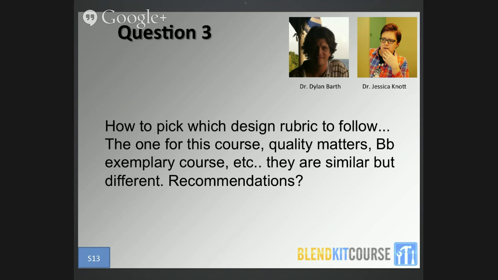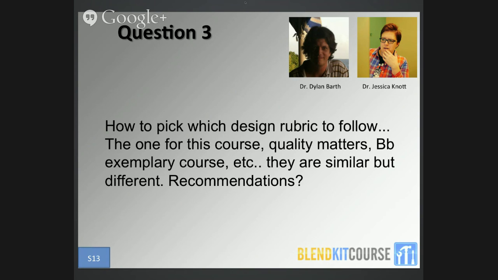It is an adaptation of the UC Chico rubric, and one thing that I like about it is that it does include elements of not just design, but also more on the implementation side. Now, of course, when you're using a design rubric matters, so having something like Quality Matters, which to my mind is just about design, before a course starts, I think is really important.